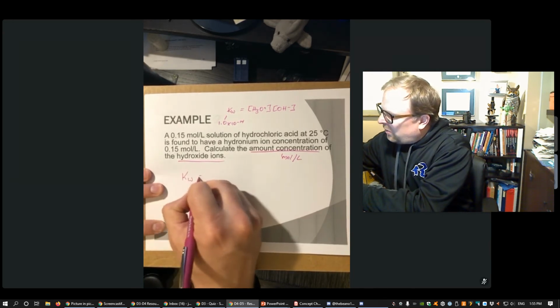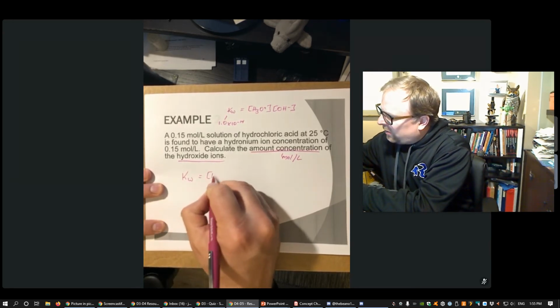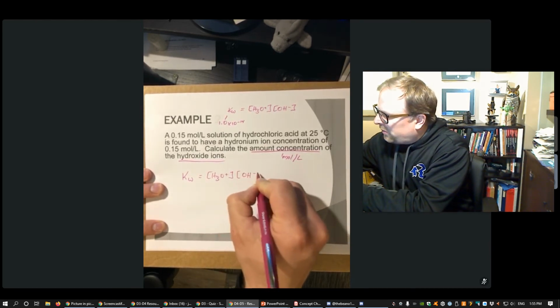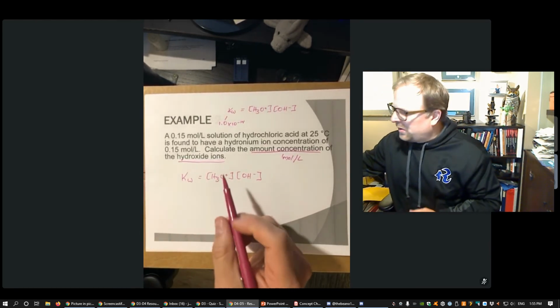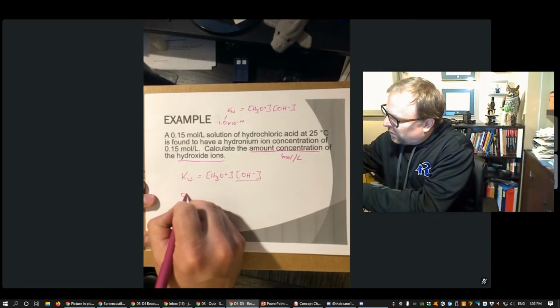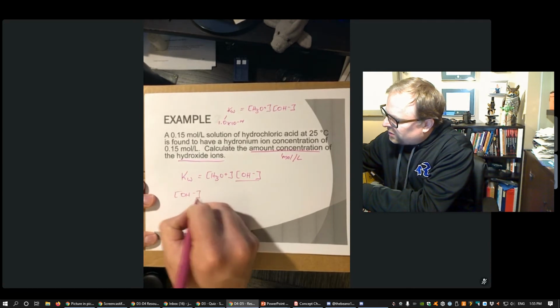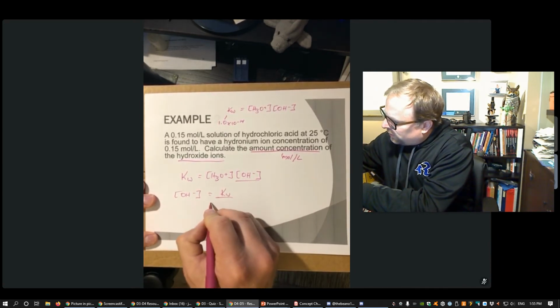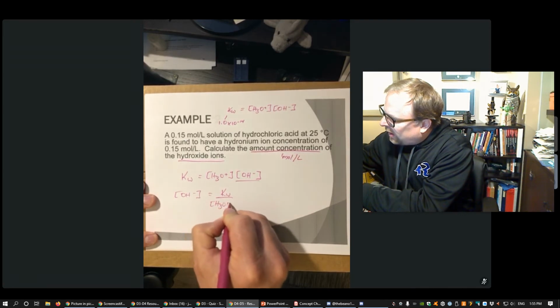We know that our equilibrium constant for this equation is equal to this, our equilibrium law expression, and we're solving for the concentration of OH. So the concentration of OH is Kw over the concentration of hydronium ions.